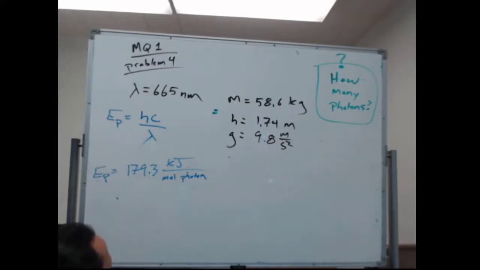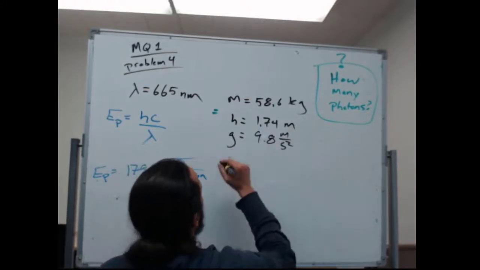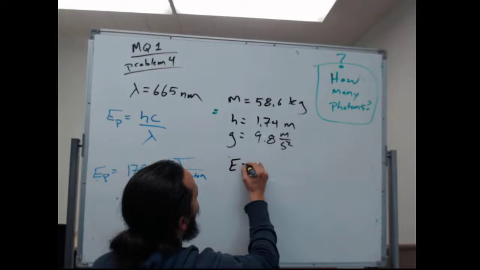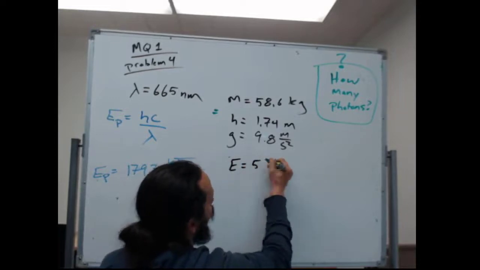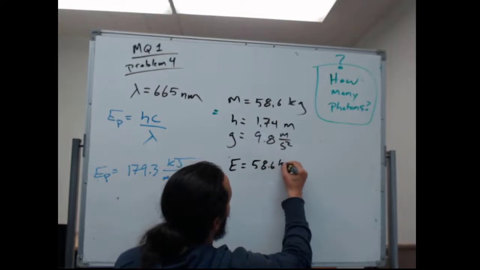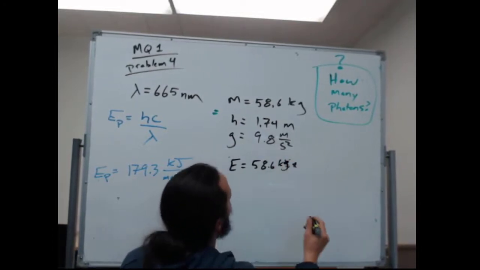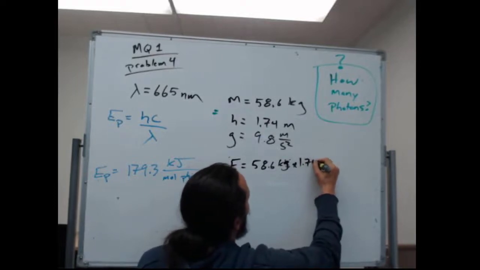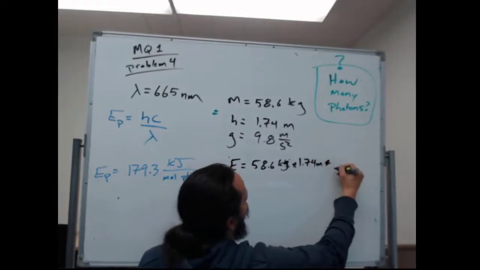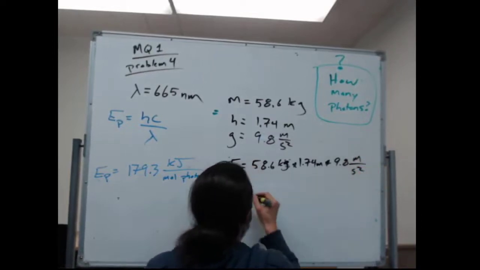So let's go ahead and figure out how much energy we have here. Nerd moment over. Our energy in this case is going to be, from the equation that was given in the problem, 58.6 kilograms times 1.74 meters times 9.8 meters per second squared.